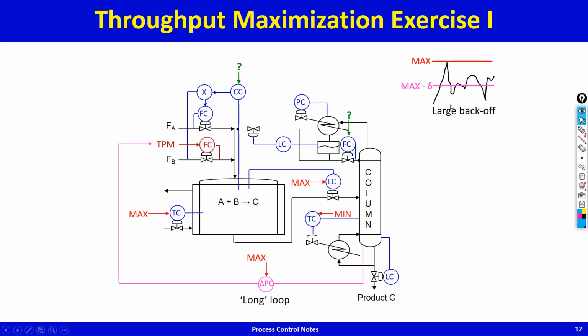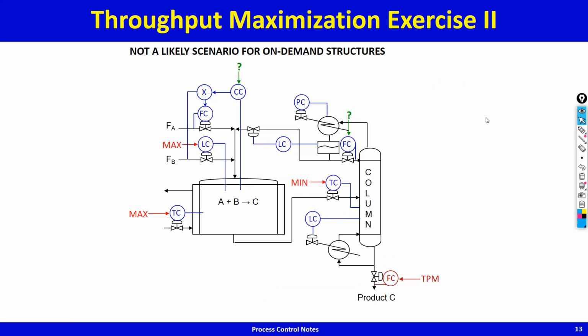So if the black line is the variability in the delta P, you must make sure that the maximum in the delta P does not breach the red line, and therefore your average operation is going to be substantially below the max limit. So the set point to the delta P loop will have substantial back off, large back off. So you have large loss of production.